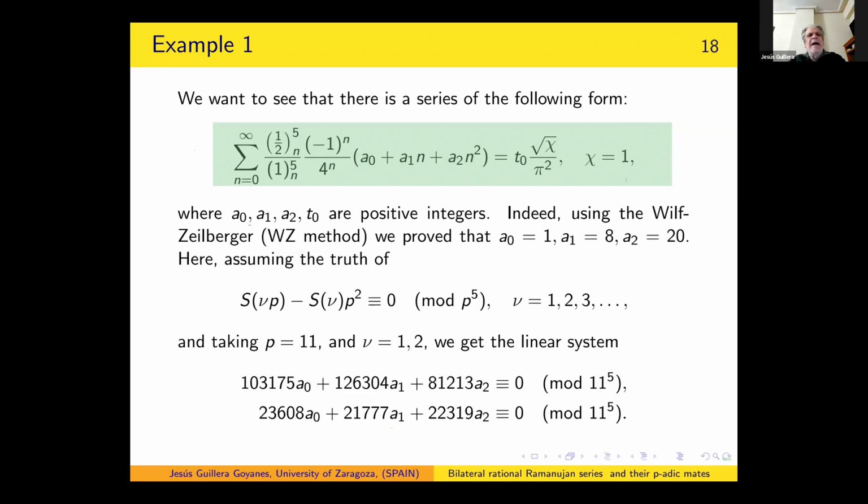And we can have systems that are easy to solve. For example, taking P equal 11 and u 1, 2, we get a linear system modulo 11 to the 5.